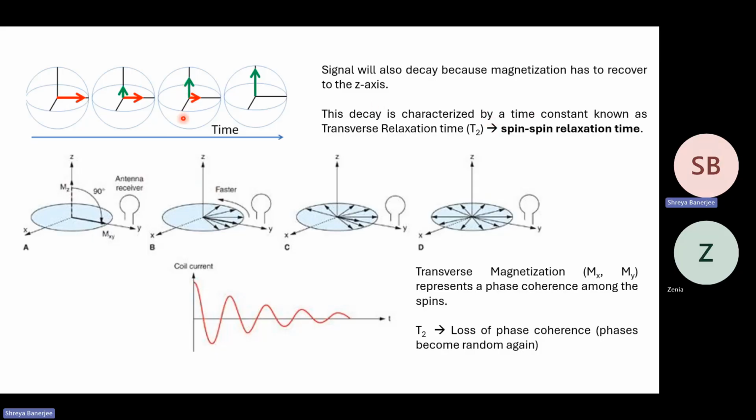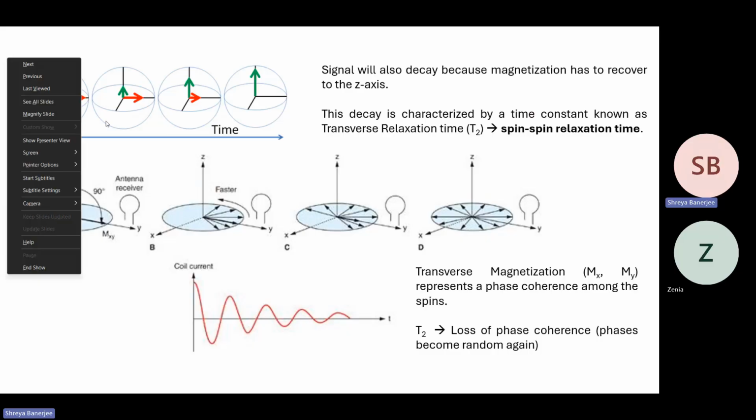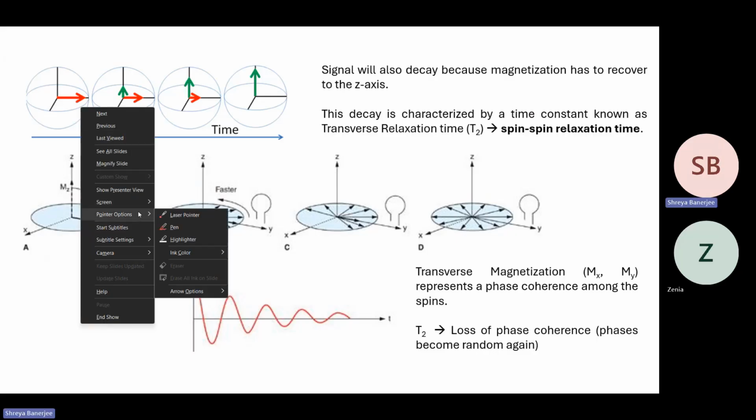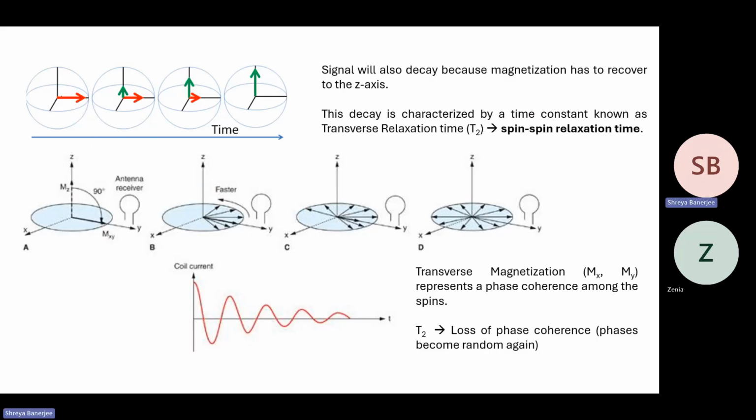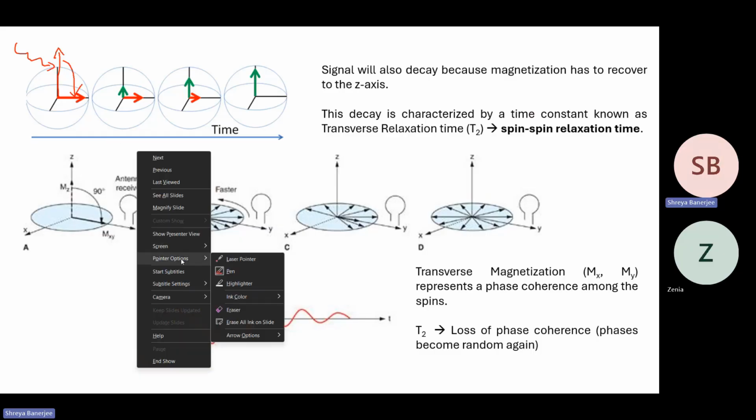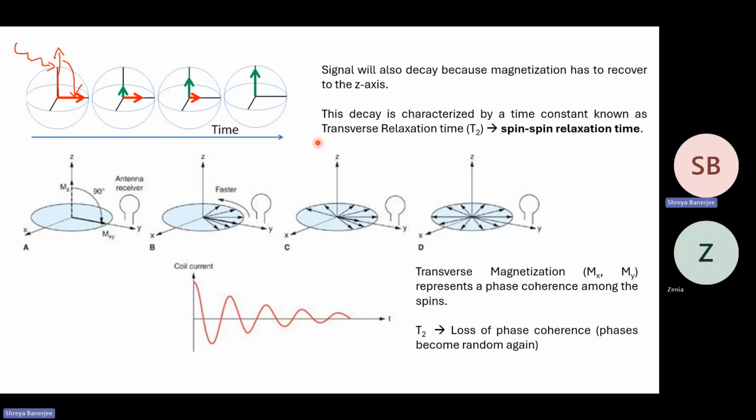So this kind of a process where you are supplying an external magnetic field: the initial magnetization was in this direction. By supplying an external field, you have brought the magnetization to the XY plane. Now, as time goes on, you can see this axis is time.